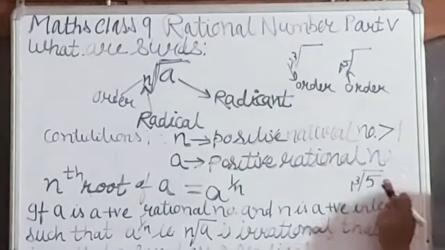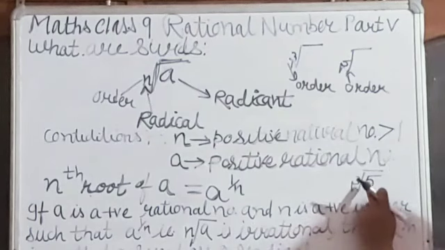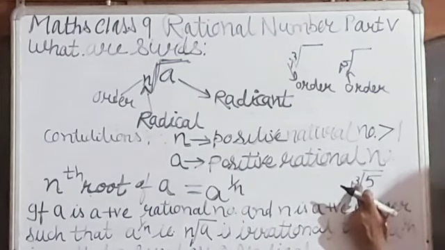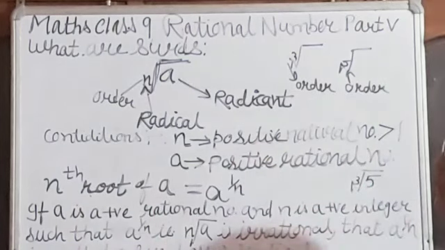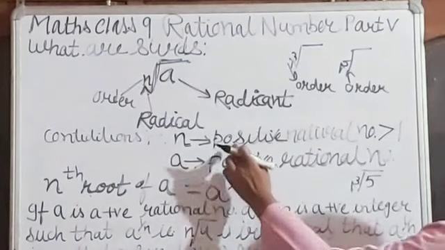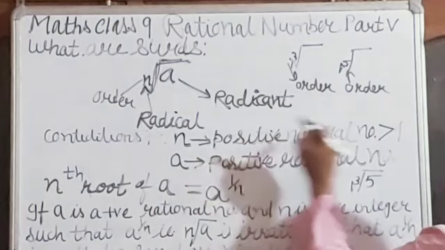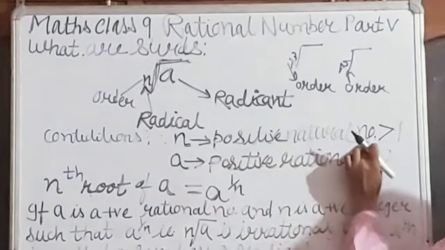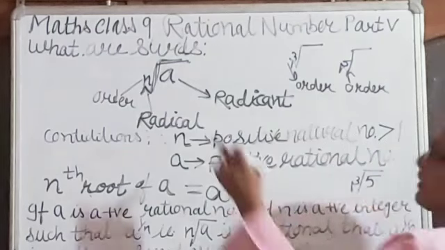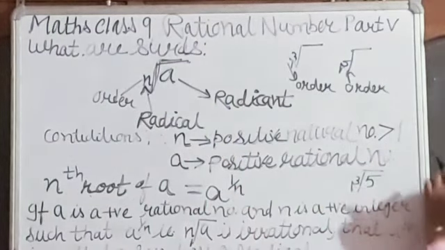It is a positive rational number. And here, n is an integer, a natural number greater than 1. The condition for surds is that the order is always a positive natural number greater than 1, and the radicand should be a positive rational number.